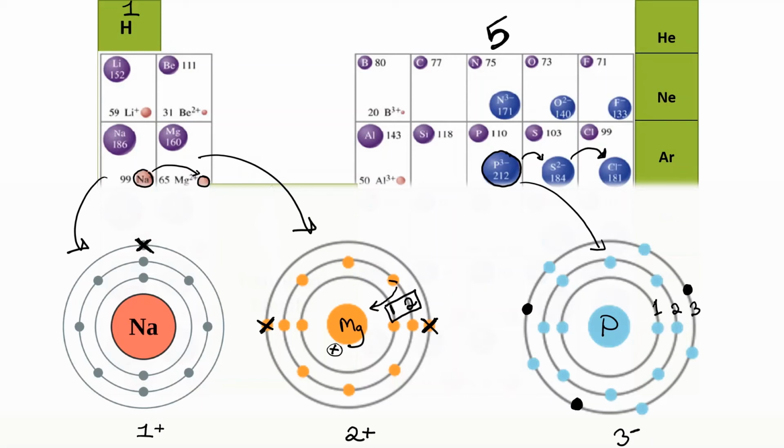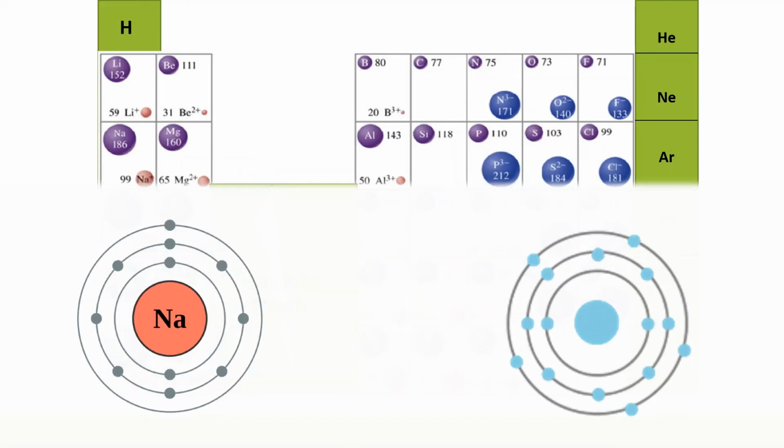Okay, there's one more thing that we need to talk about. So we've talked about how and why we see the trends that we do as we move from left to right and up to down. Now what I want to talk about is why we see this difference in size from the atomic radius to the ionic radius.